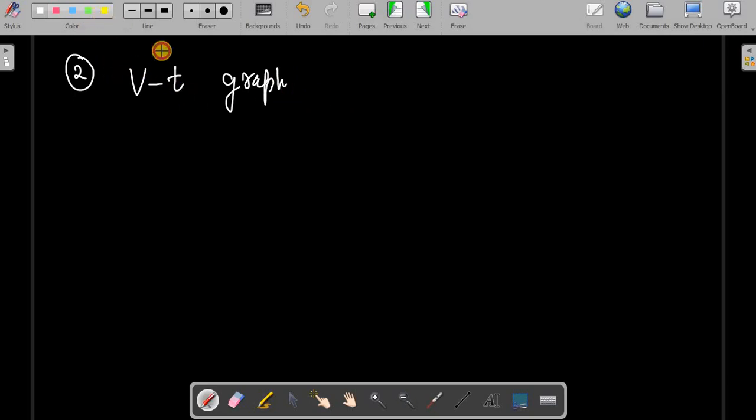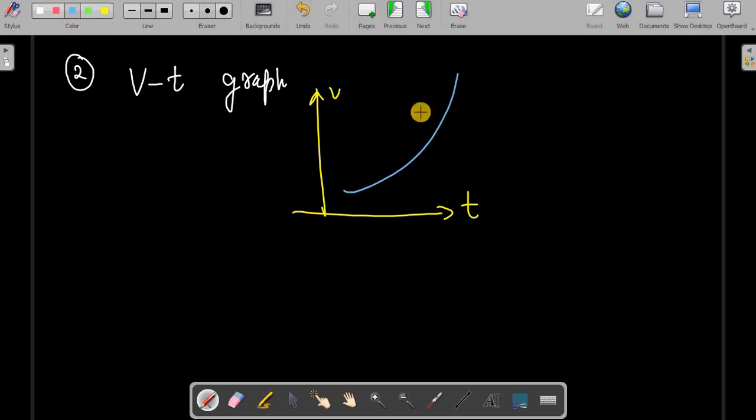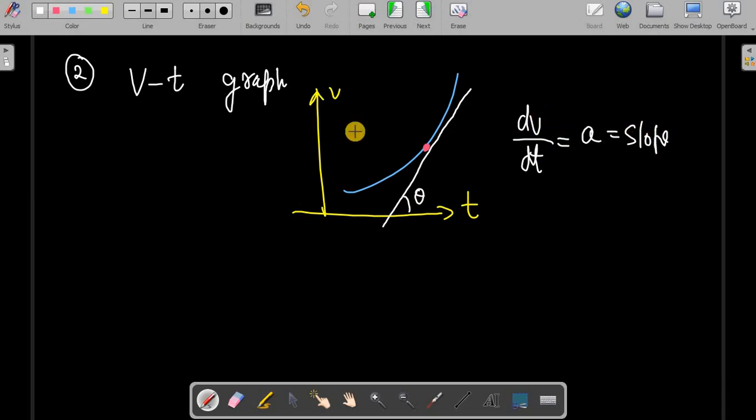So if you are taking the vt graph, here this is velocity, this is time, right? Let us say again it is some kind of a curve. Again the same concept: if you take any particular point and draw the tangent at that point, what will be the slope? dv by dt, that will give us acceleration. This is the slope of this graph.